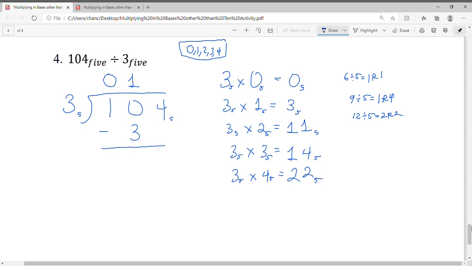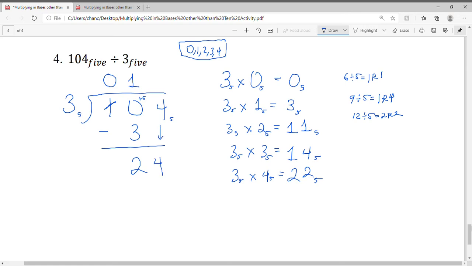Remember, this is base 5. So when I subtract from the 0, I have to borrow. Since this is base 5, I add the 5. Since I'm borrowing from the 1, this is a 5 in base 5. So 5 minus 3 gives us 2. Remember, this is base 5. We don't borrow a 10, we borrow a 5. Then we'll bring down the 4.